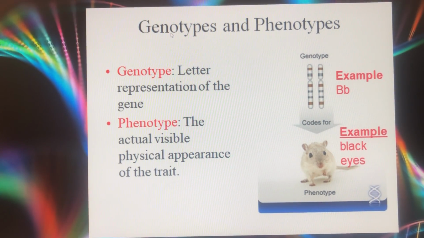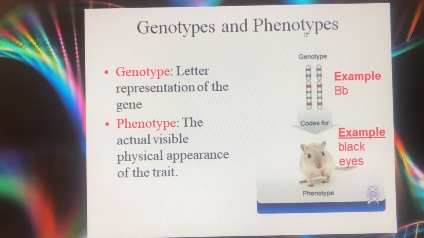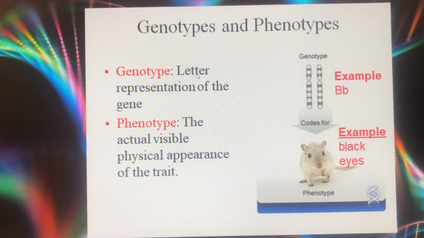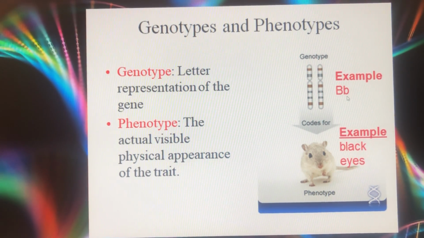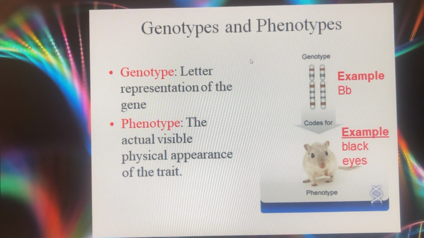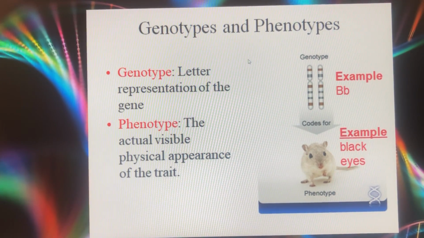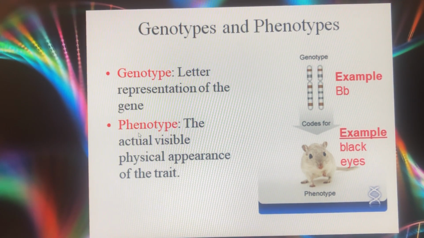Okay, let's talk about genotypes and phenotypes because you're going to be hearing those words in this unit as we are moving through this unit. Okay, a genotype is the letter representation. So when you see big B, or big B, or little b, that's a genotype, okay? It's just a letter representation of what traits are being represented. Now, the phenotype is what you actually see, okay?